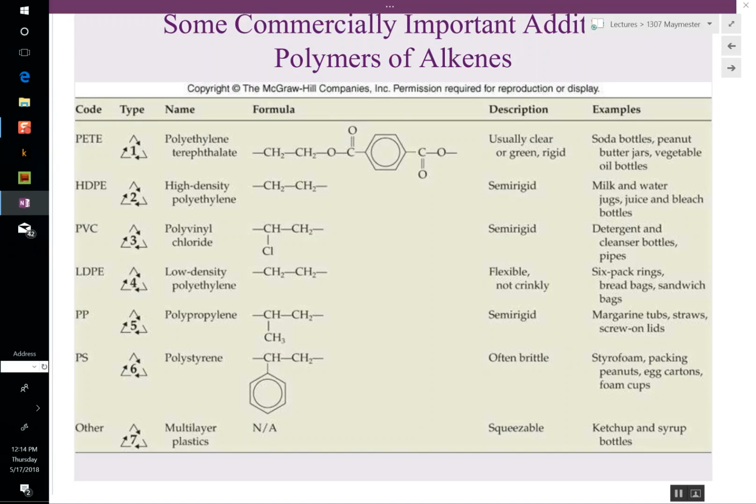I found it right there. There's my little triangle. It looks just like that. The number 1 with arrows going around in a triangle, PETE, polyethylene terephthalate. That's the plastic that this bottle's made out of. Made out of polyethylene terephthalate.